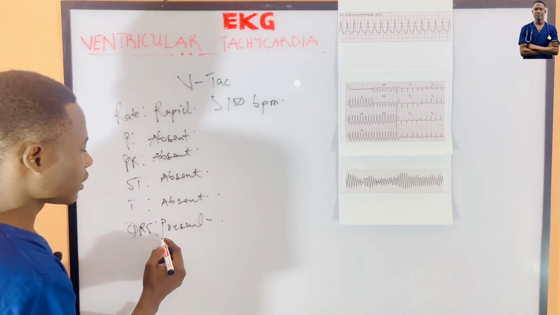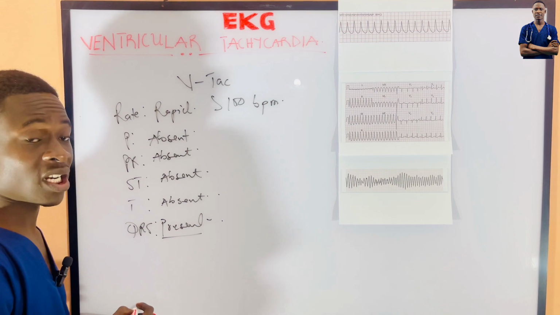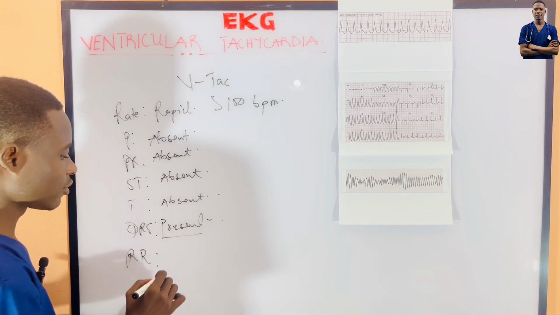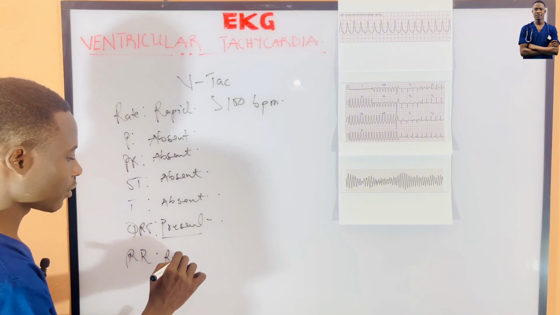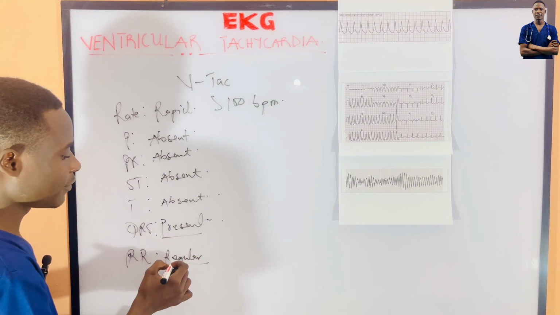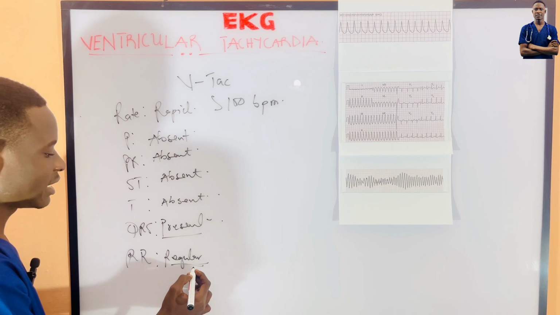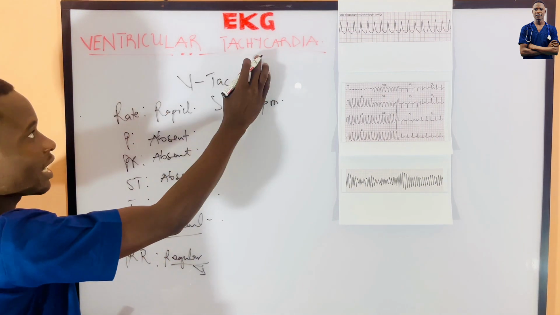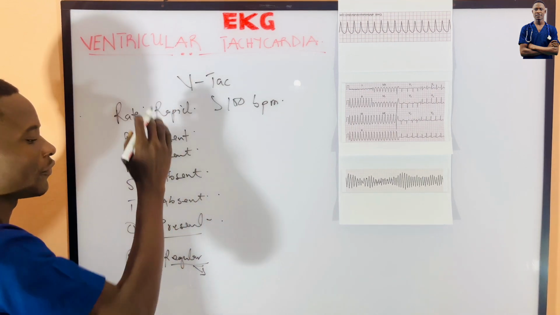So we are going to get only the QRS complex, and then the R interval is going to be regular. Please, this is very, very important because this helps us in differentiating between ventricular tachycardia and ventricular fibrillation.